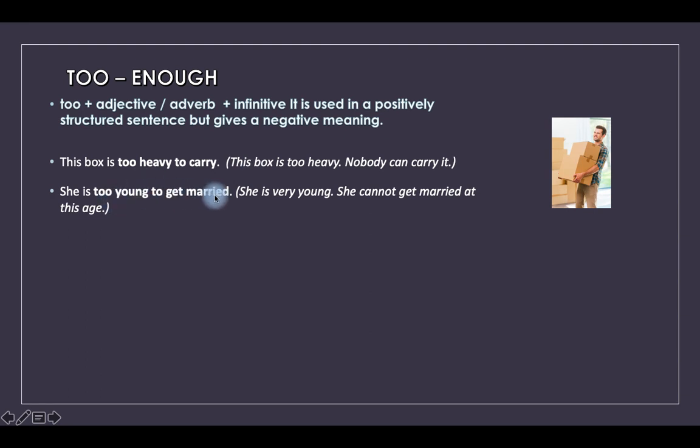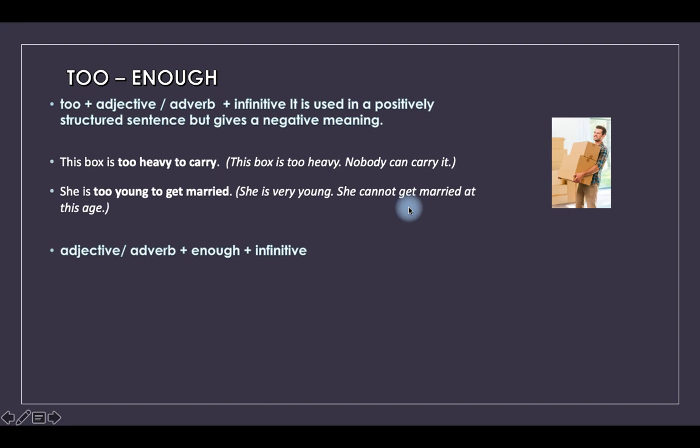She's too young to get married, yeah, so she's very young, she cannot get married at this age. The meaning is a negative one, but the sentence is affirmative, so too plus adjective plus the infinitive form has a negative meaning.